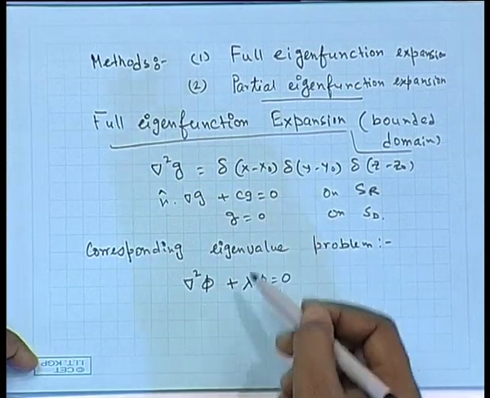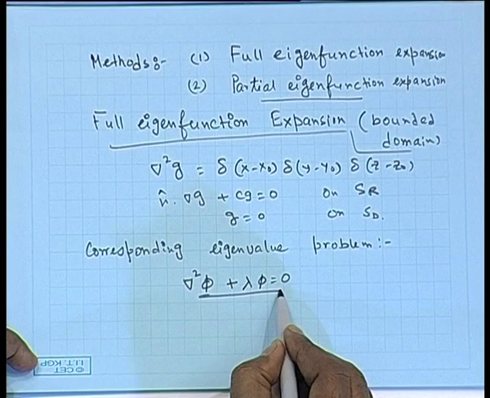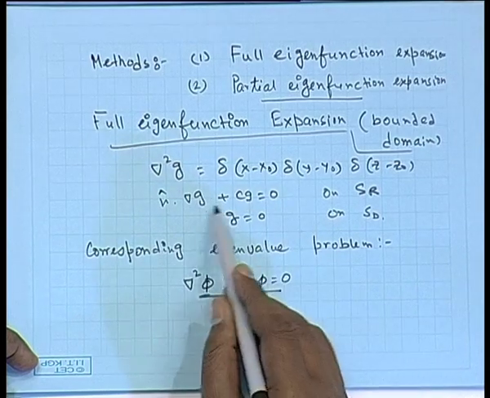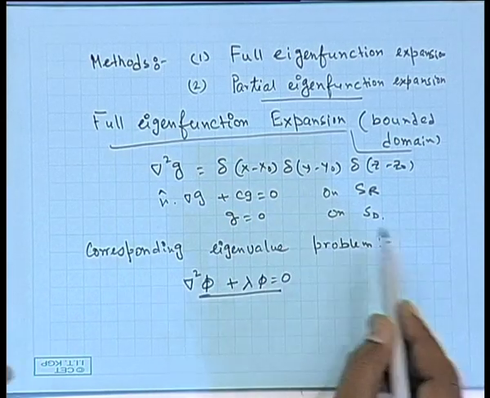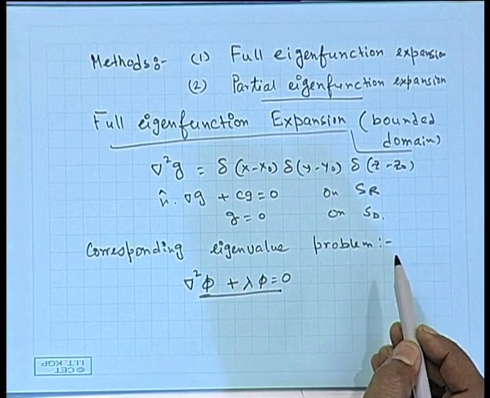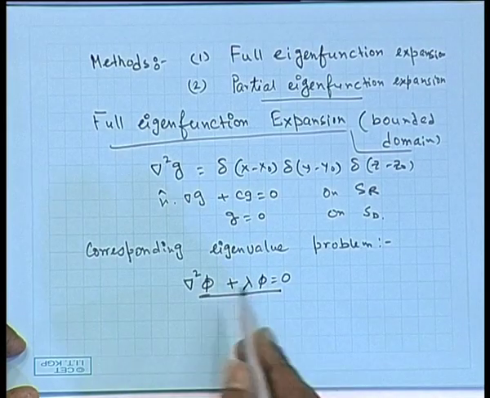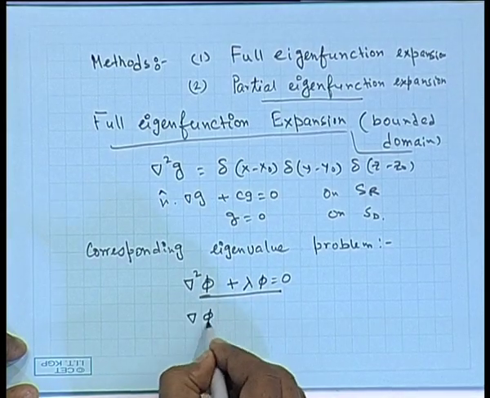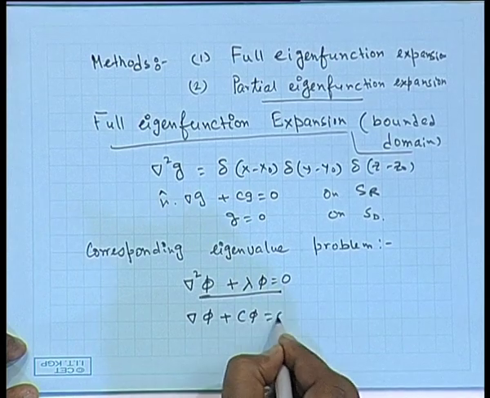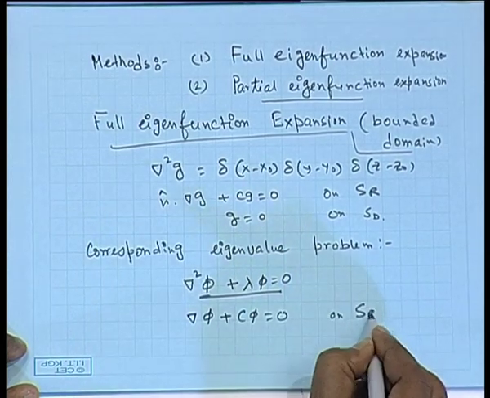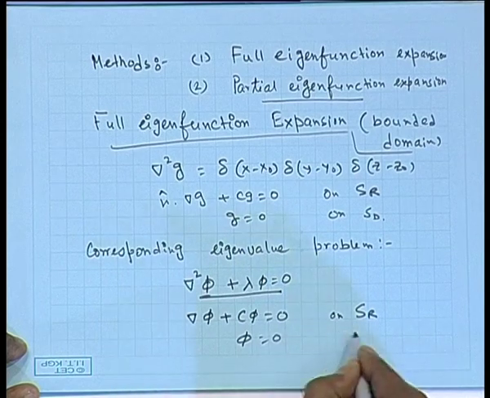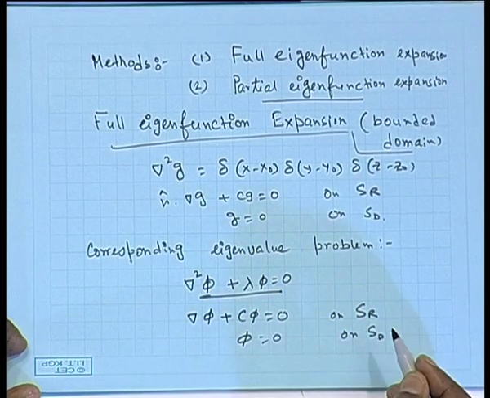So the corresponding eigenvalue problem will be this, subject to homogeneous boundary conditions. Whenever you have a standard eigenvalue problem, you must consider homogeneous boundary conditions. The corresponding boundary conditions on phi are grad of phi plus C phi is equal to 0 on the surface SR and phi is equal to 0 on the surface SD.